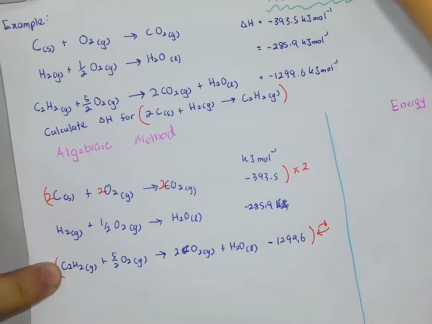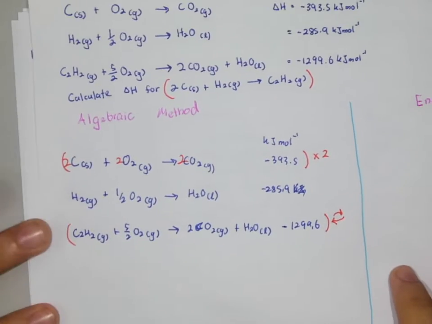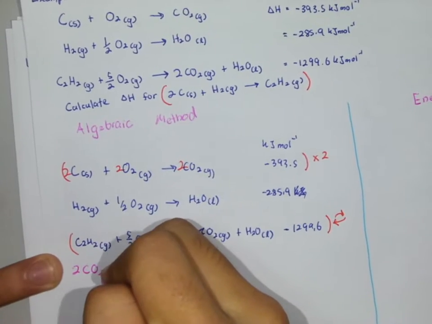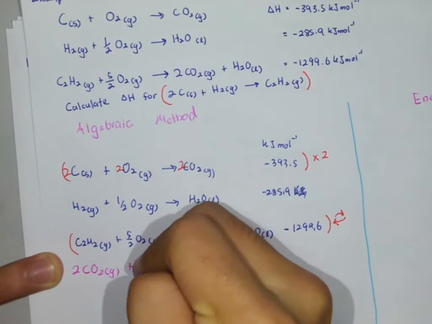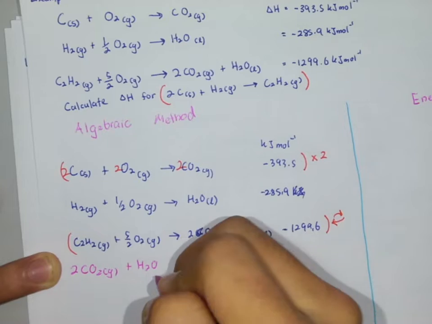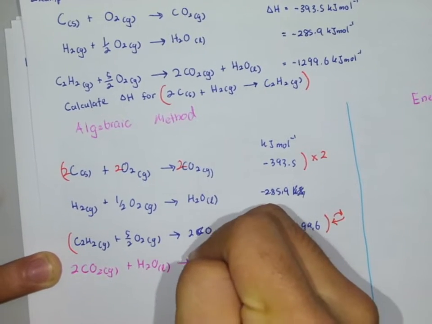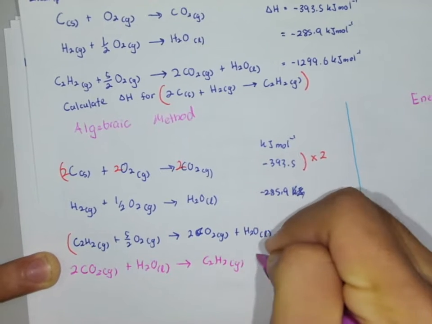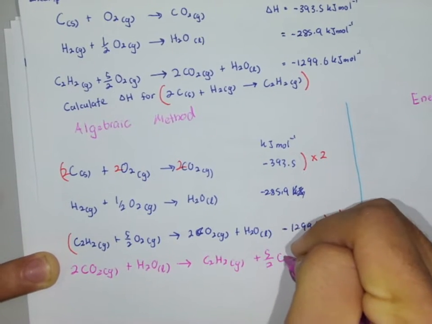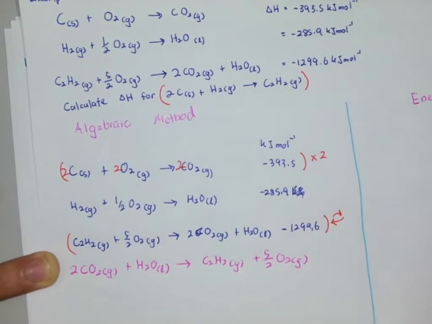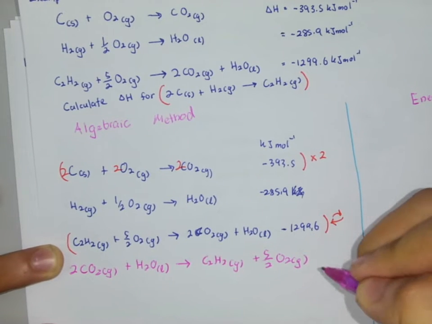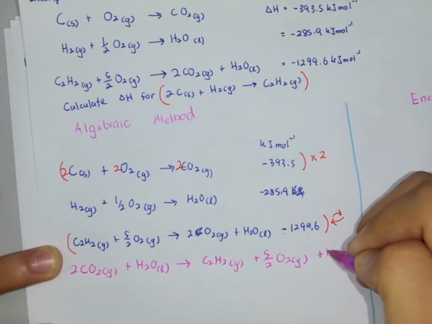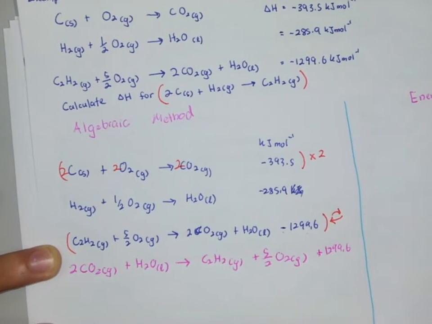Copy the equation again, reversed: 2CO2 gas plus H2O liquid gives C2H2 gas plus 5/2 oxygen gas. And this one is also reversed, so negative becomes positive, positive 1299.6.